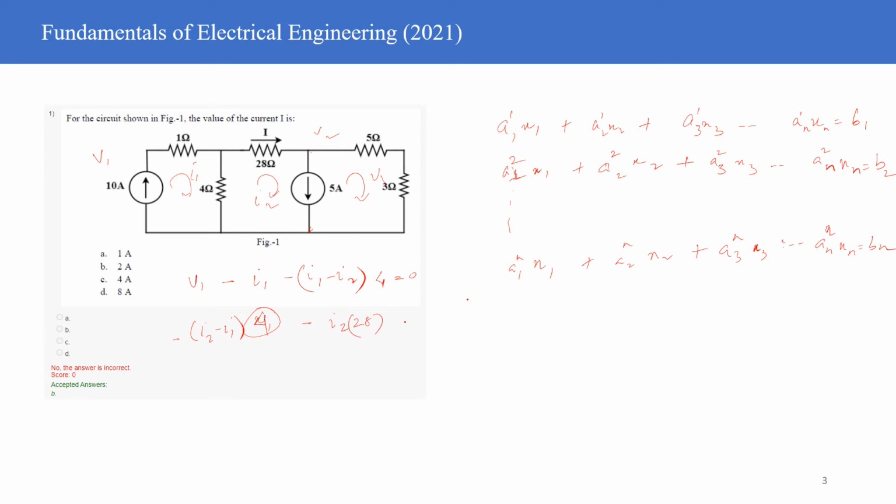So I'll just say minus V2 is equal to 0, correct?